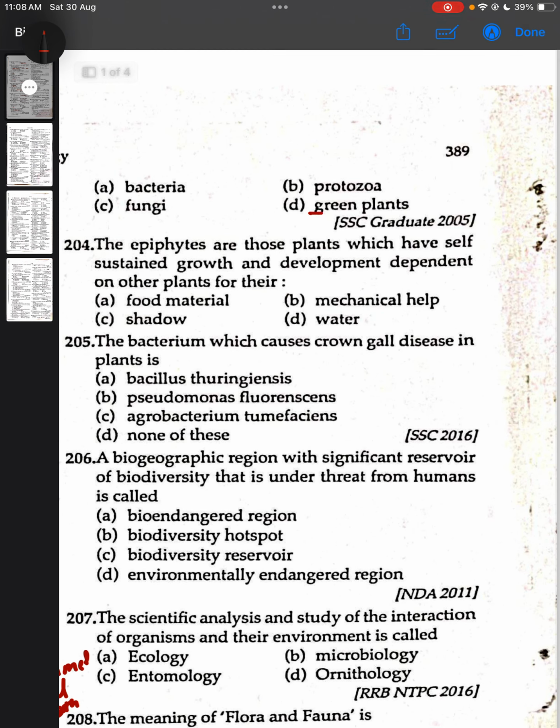Correct answer is green plants. The epiphytes are those plants which have self-sustained growth and development, dependent on other plants for their mechanical support. The bacterium which causes crown gall disease in plants is Agrobacterium tumefaciens.